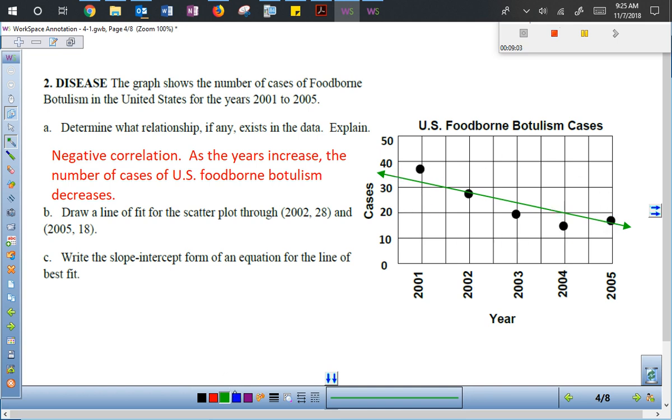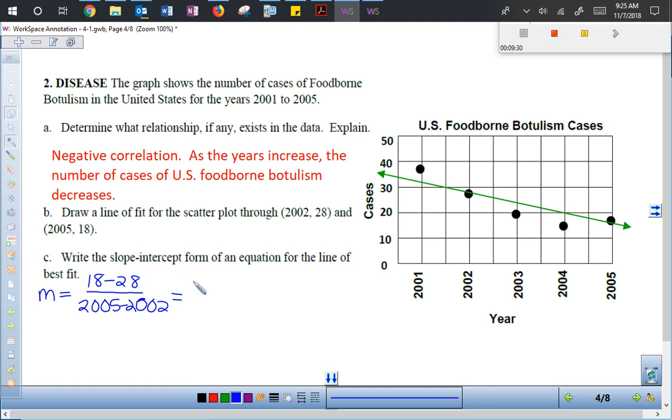Now Part C says, write the slope-intercept form of an equation for the line of best fit. So they want us to use those two ordered pairs that we chose and write an equation for the line of best fit. So again, we're going to start by finding the slope. So we're going to say take y sub 2 minus y sub 1, so 18 minus 28, over x sub 2, which is 2005, minus x sub 1, 2002.